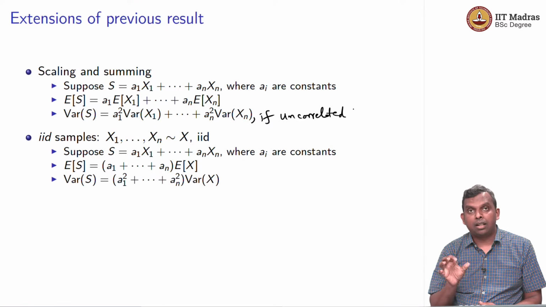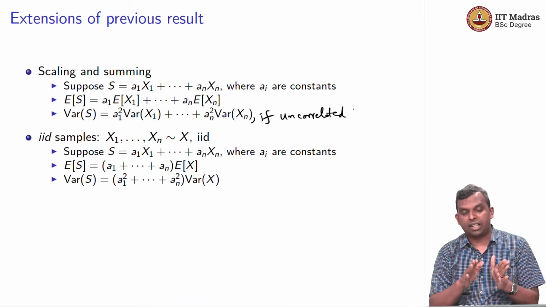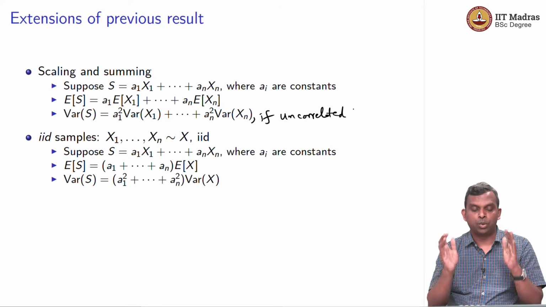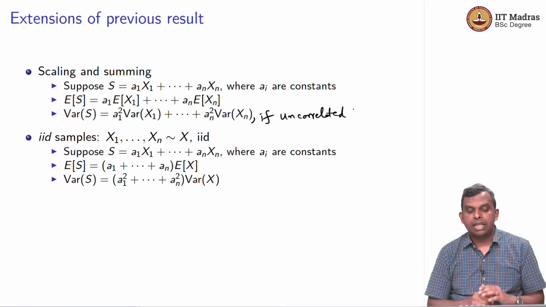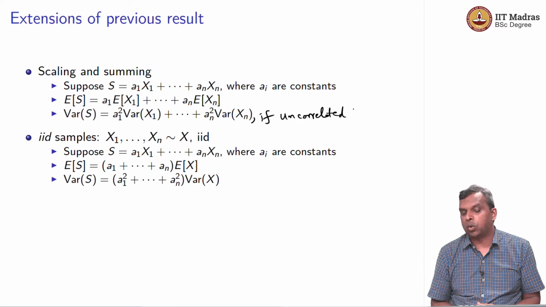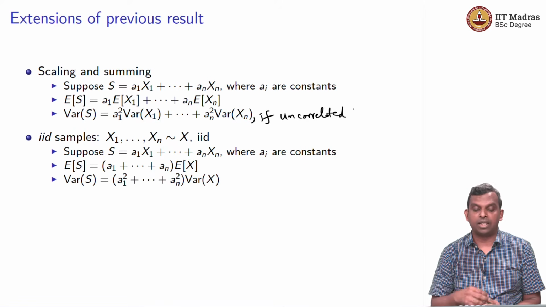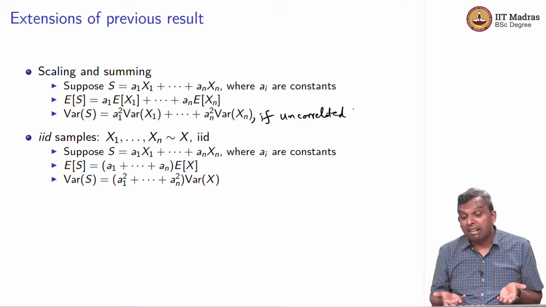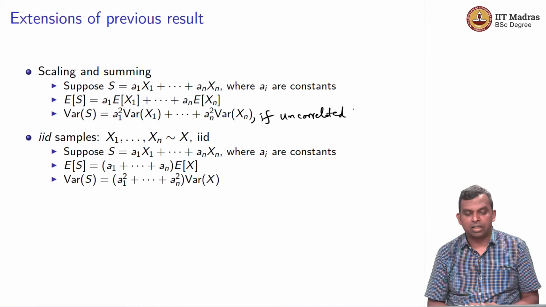Each of them is identical to X in distribution, which means their expected value is the same as the expected value of X. So you can take the expected value of X common outside, and you would get a1 plus a2 up to an. The same thing happens with a1 squared plus a2 squared plus up to an squared for the variance. The variance is constant, and they are independent, so of course they are uncorrelated, and all of these results are true.